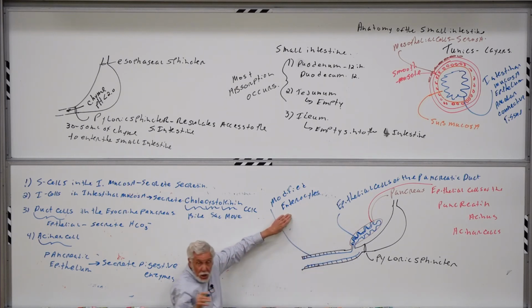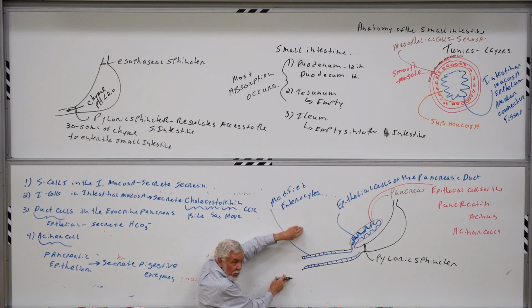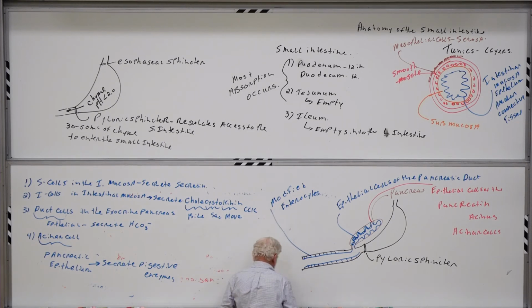Now, an enterocyte is just a specific term for an epithelial cell in the small intestine. So these enterocytes are modified enterocytes. I'm going to put one of them in here and make it red. And I'm going to label this as an S cell.